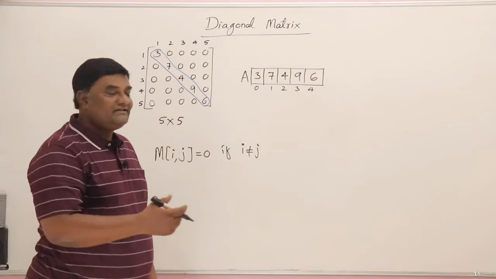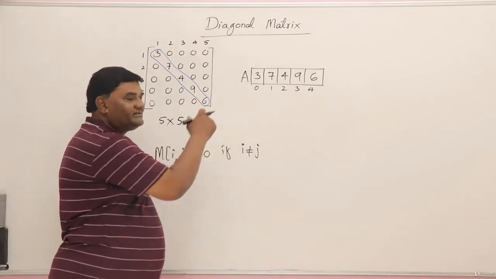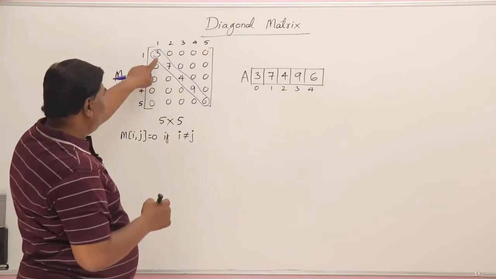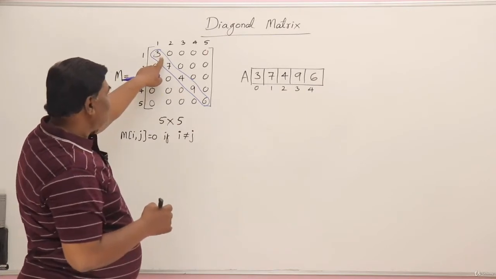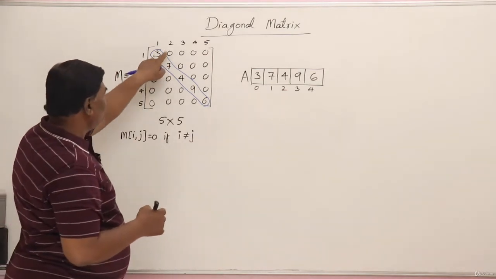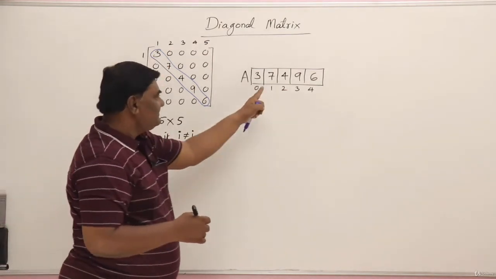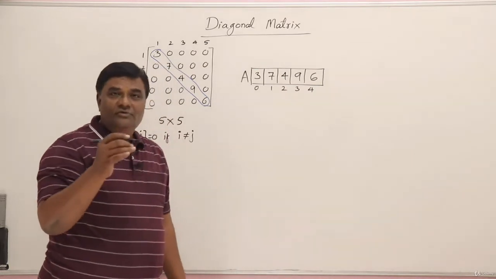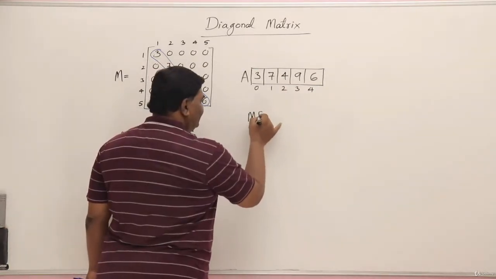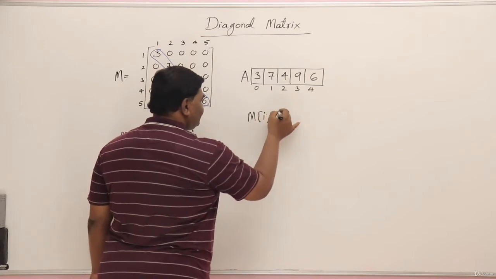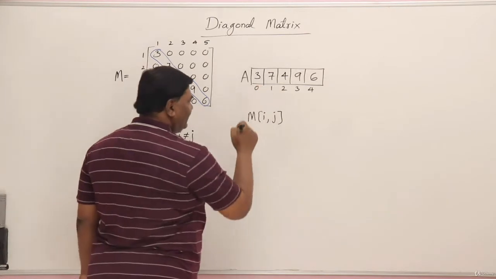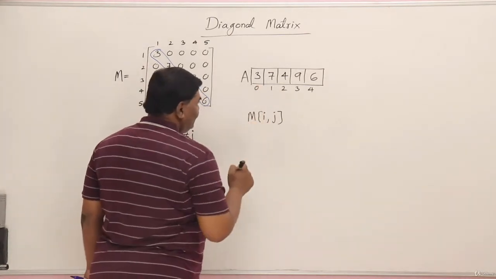Now let us see how we can access these elements from a single dimension array. If I want to access m of 1, 1, this element, then it is at 0. If I want to access m of 2, 2, this element, it is at 1. So only diagonal elements are there. If I want to access any element from matrix m of i, j, but it is stored in an array, then from where can I get the element?